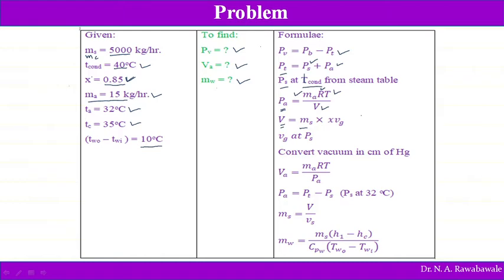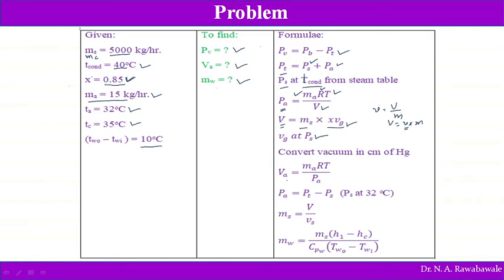Specific volume v is equal to capital V divided by M, so capital V is equal to small v into M. Small v is given by x into Vg, where Vg is the specific volume of dry saturated steam at the partial pressure of steam. Then we have to convert this vacuum into centimeters of Hg.